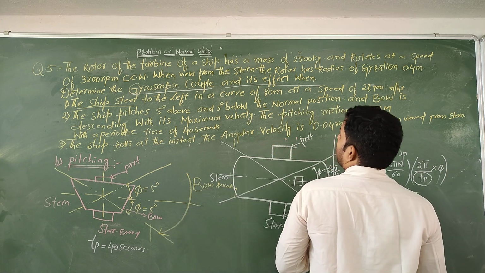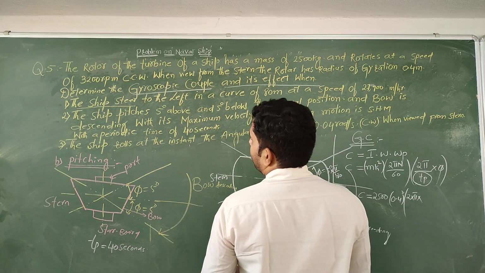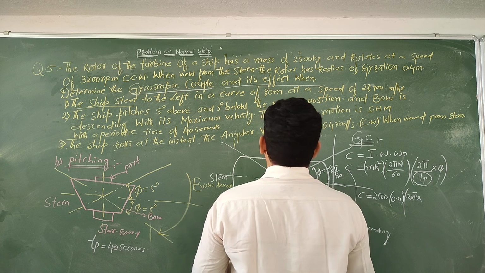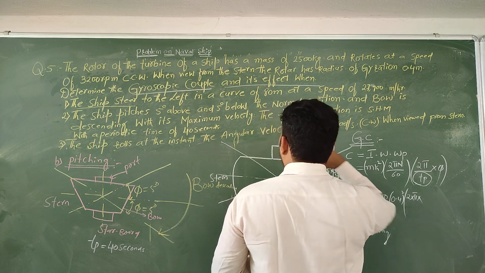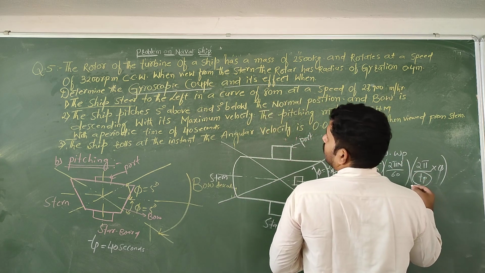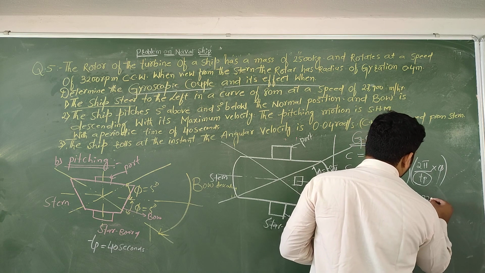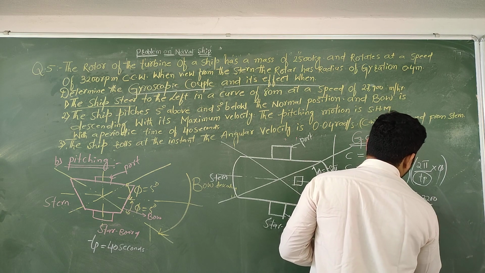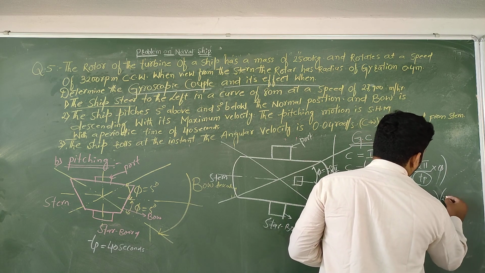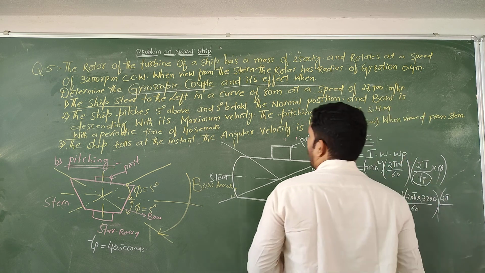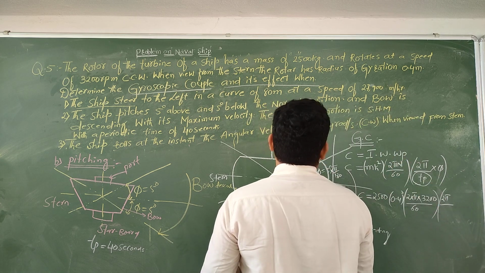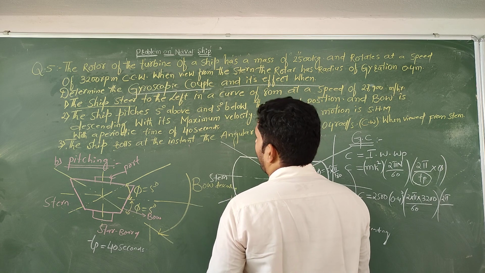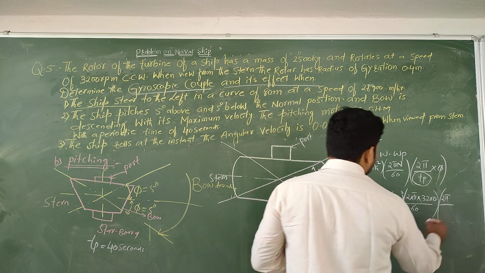N is given as 3200 rpm by 60. And 2 pi by time period, how much time period is it taking? The period of time is 40 seconds.